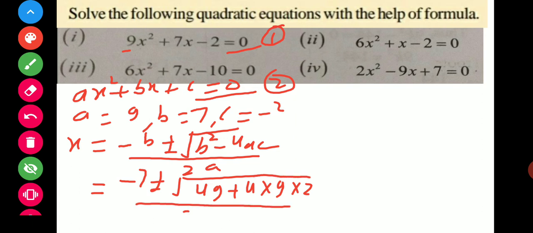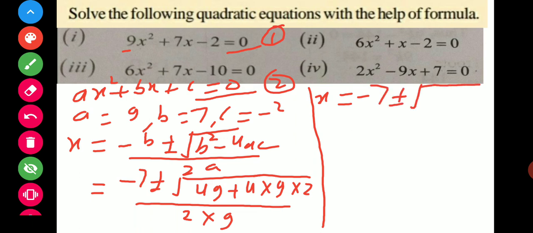Upon twice of a, which is 18. Now what will happen here? So x equals minus 7 plus minus under root of 49 plus 4 times 9 times 2, that is 4 nines are 36, 36 twos are 72.